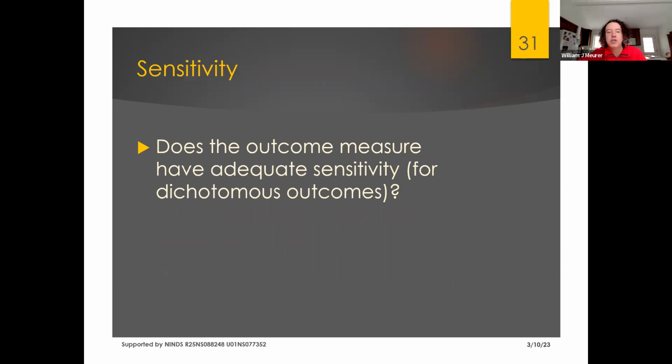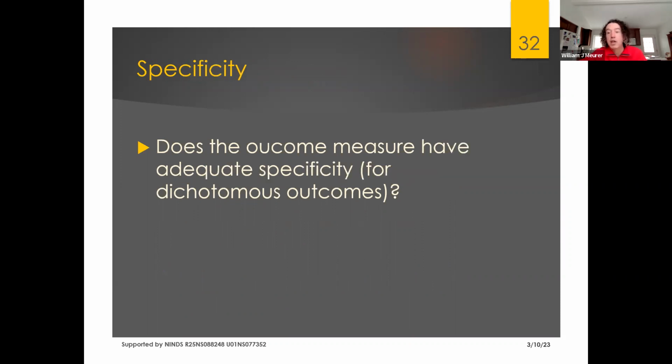Is the outcome measure going to classify well? If the goal is to find people with pre-existing disability, is the outcome measure good at doing that? If it's a dichotomous outcome of disabled versus non-disabled, is it finding those who are disabled? And is it noisy? Is it going to find a bunch of people who aren't disabled and misclassify them?